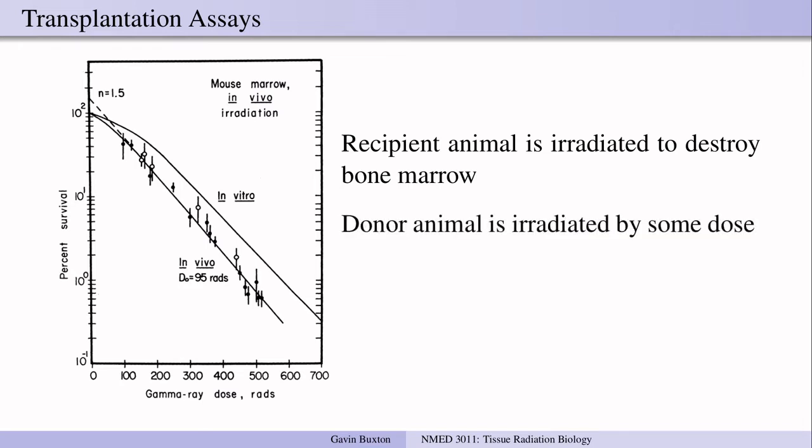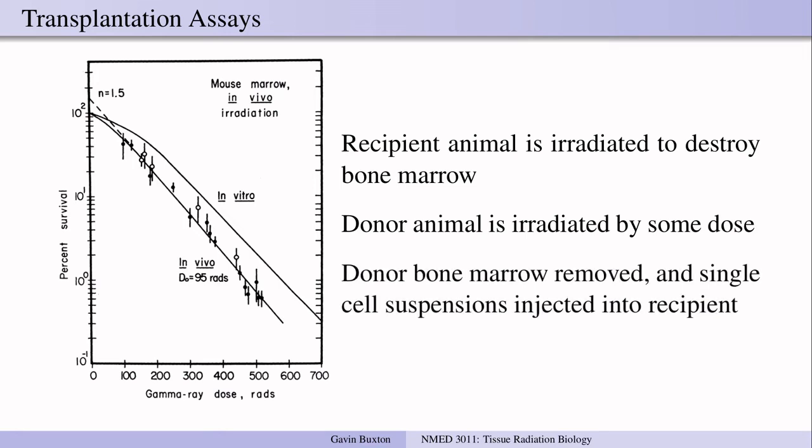Then you irradiate a different animal and only partially kill their stem cells. Then you take the cells from the less irradiated animal, which we call the donor, and you put them into the recipient animal, whose cells you just entirely destroyed.